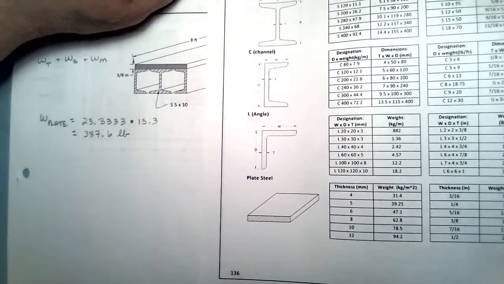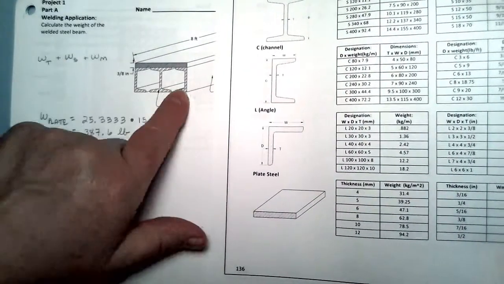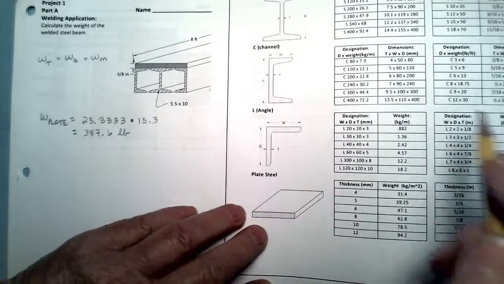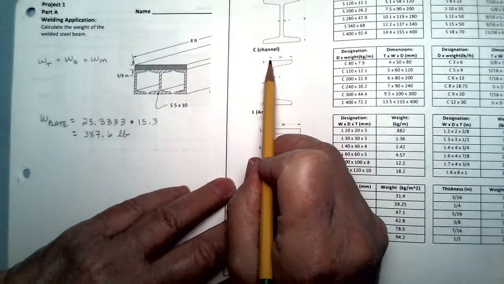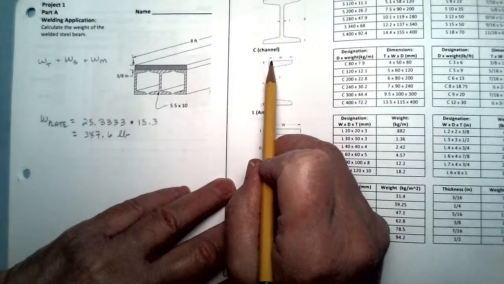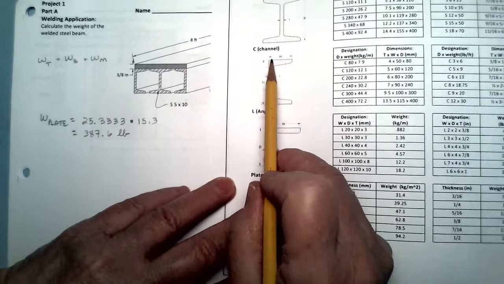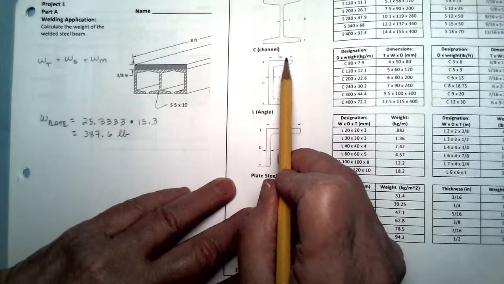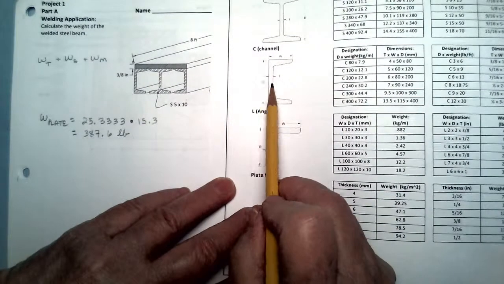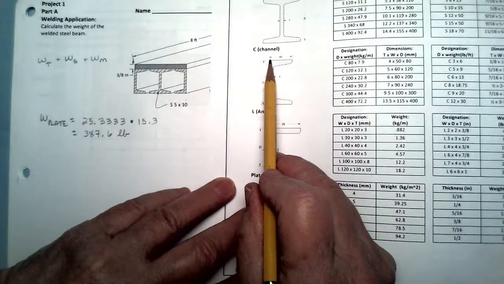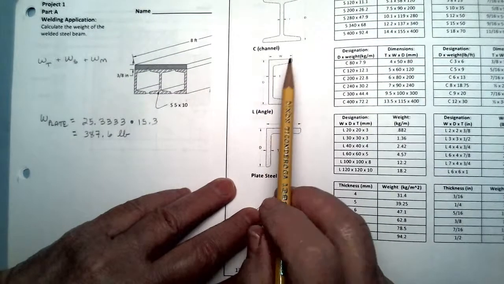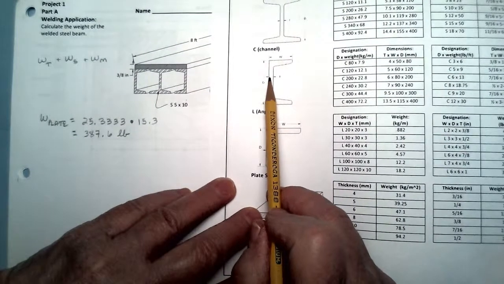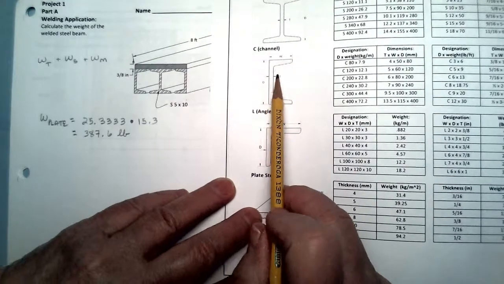So this is referred to as a C channel. And let's look at this diagram here. You can see that W represents the width, the distance between this edge and this edge, and D represents the height from the very top to the very bottom, and T represents the thickness of this channel.